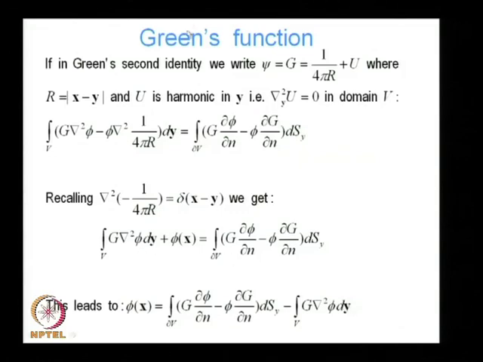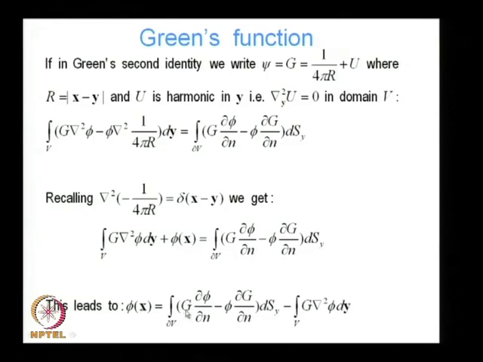So, if I find g such that g is 0 on the boundary, then I am getting phi of x is equal to minus phi del g del n dsy. So, you can see now I do not need the function value as well as its derivative, I only need the value of the function phi on the boundary.